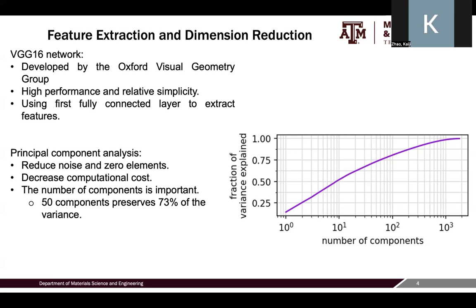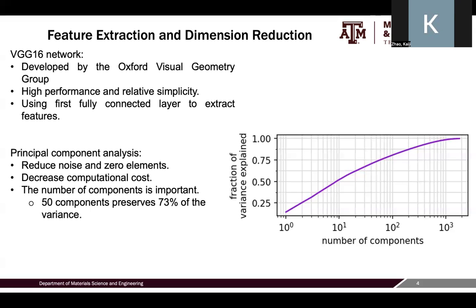After feature extraction, they use PCA to reduce noise and decrease the computational cost. The number of components is very important. Using too few components results in lower classification performance resulting from a loss of useful information in the original features.